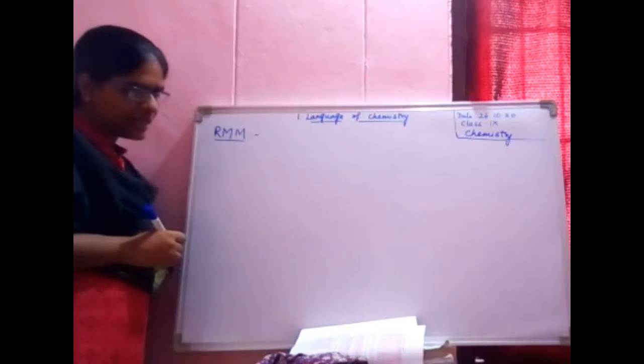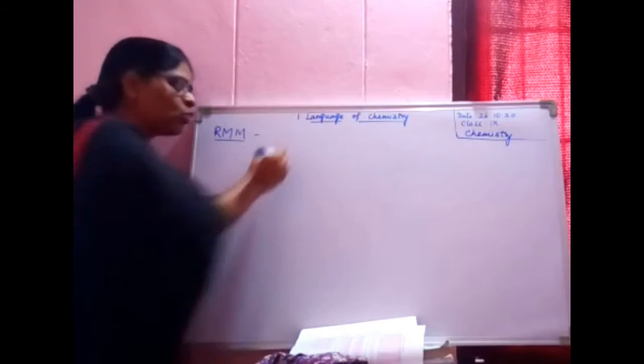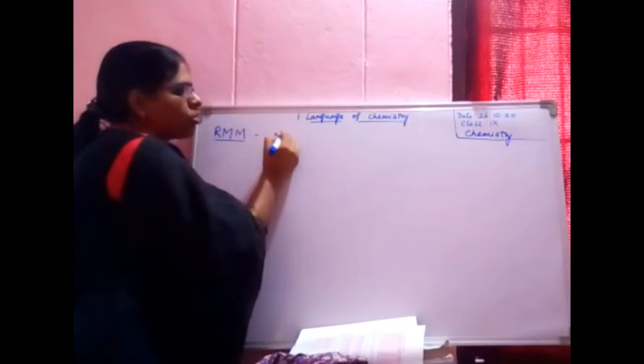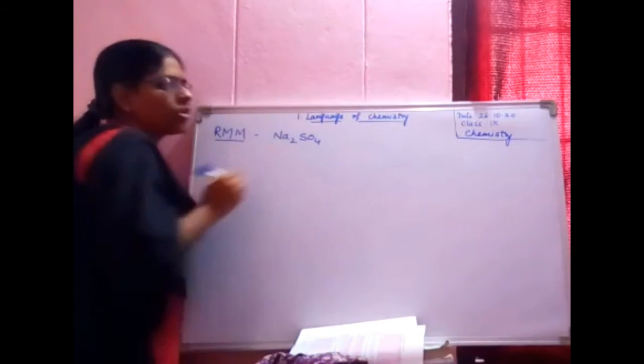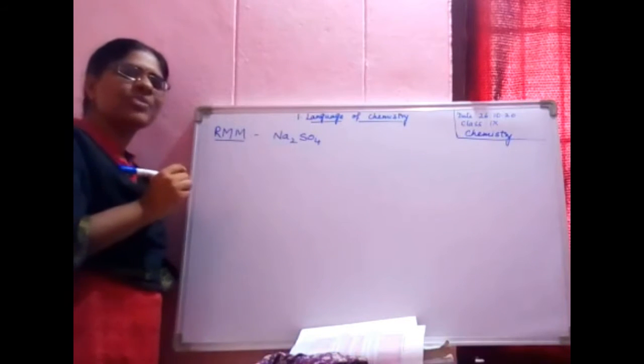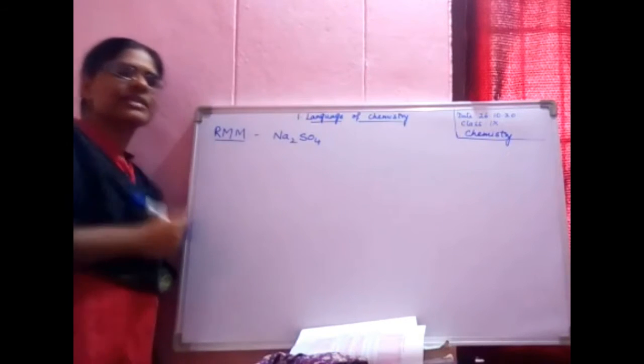Okay? Let us say your first example is Na2SO4. Here you must remember the atomic weights.